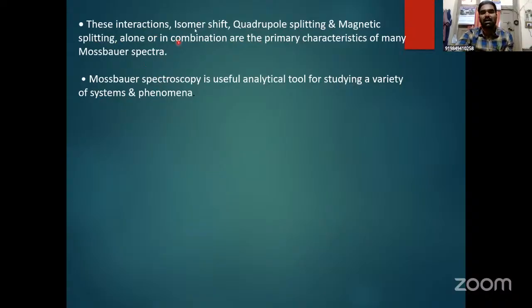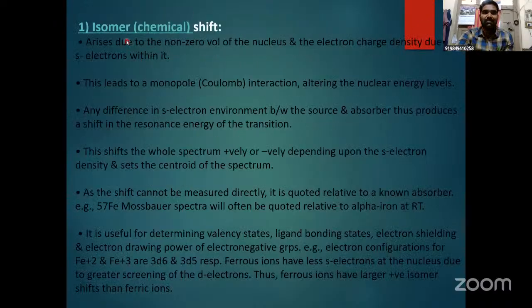These interactions, isomer shift, quadrupole splitting, and magnetic splitting, alone or in combination, are the primary characteristics of many Mössbauer experiments.